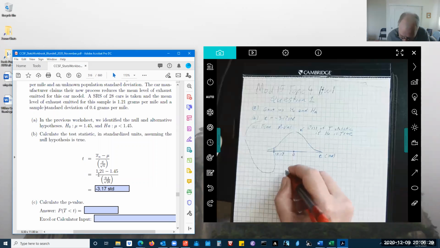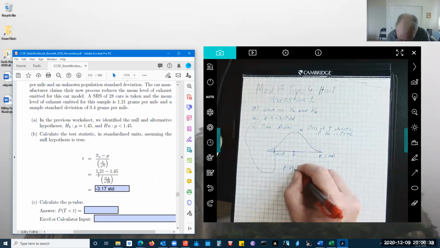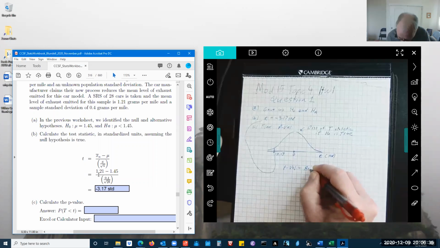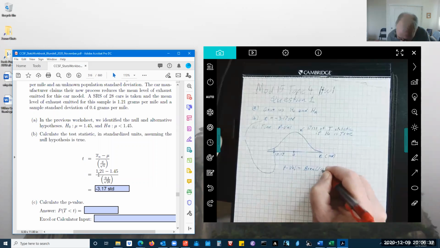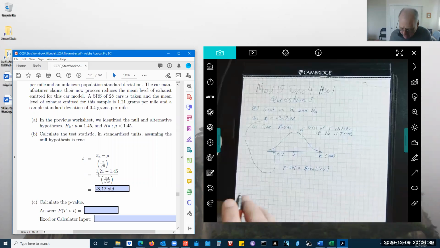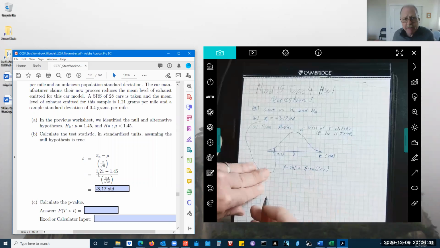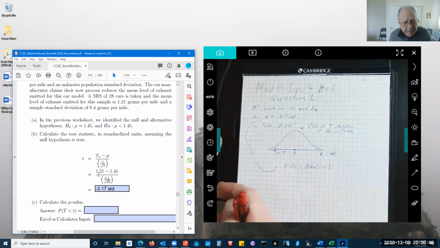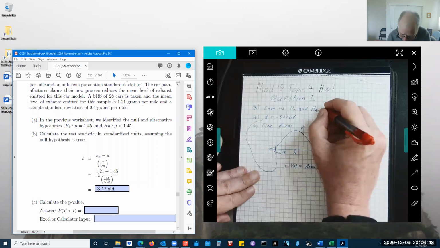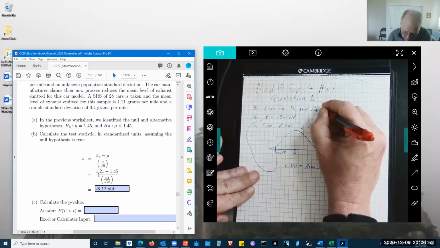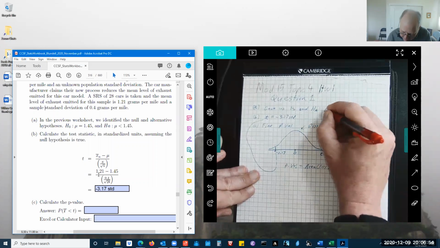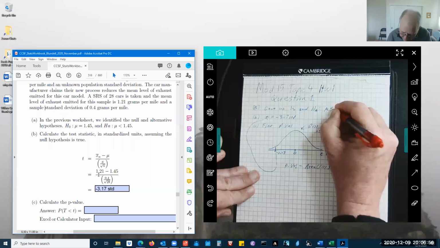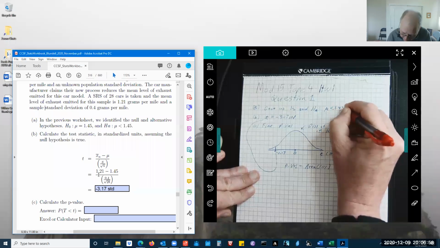And to find the p-value, I'm going to shade the area and then calculate how much is that area. And the question where people mess up, it's always, do I go to the right or do I go to the left? The alternative hypothesis was that mu is less than 1.45.